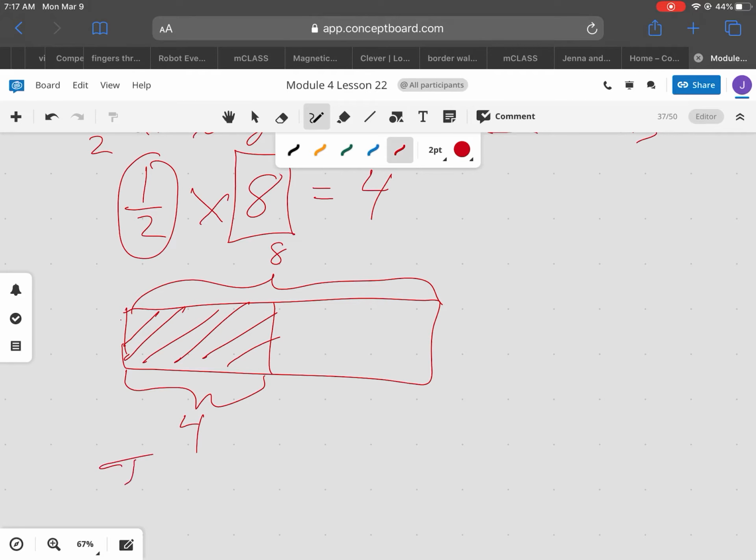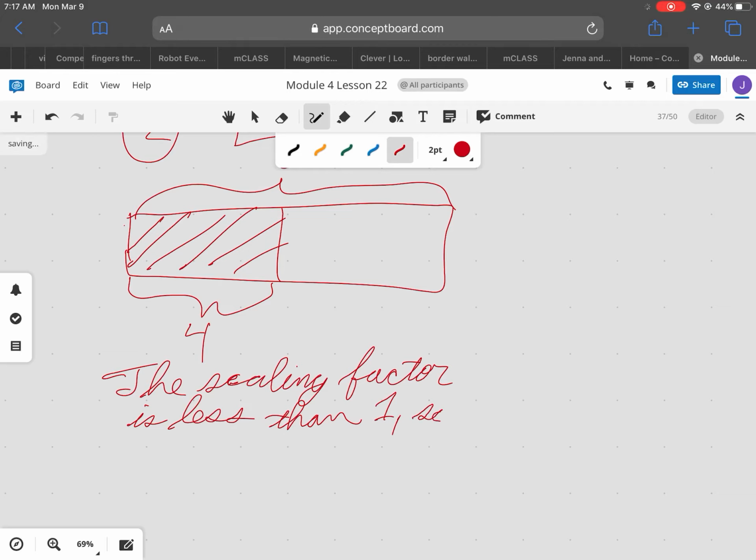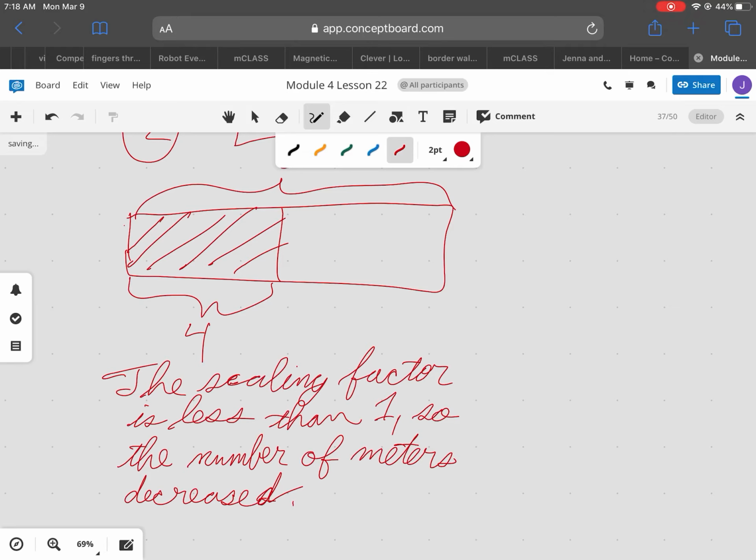The scaling factor is less than 1, so we should know that our answer is going to be, the number of meters decreases, gets smaller, decreased, excuse me.